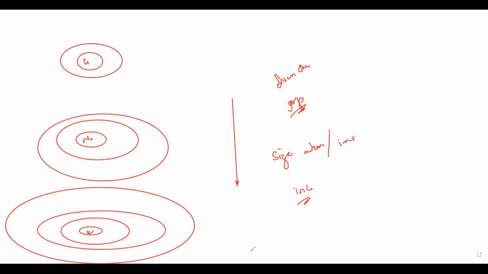But when we move across the period, like we have sodium, magnesium, aluminum, silicon, phosphorus.